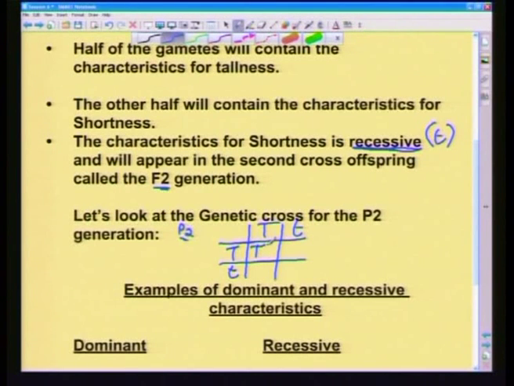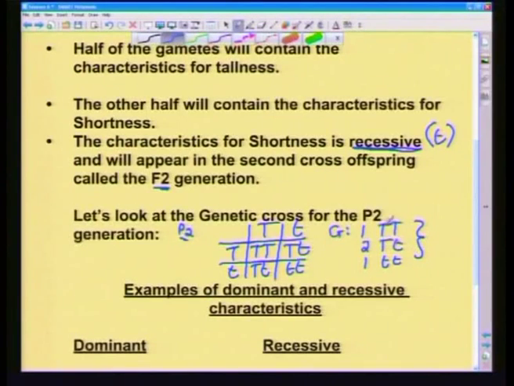And here we're going to have homozygous dominant, heterozygous, another heterozygous, and homozygous recessive. So if we look at the genotype, we are going to have 1 homozygous dominant, 2 heterozygous, and 1 homozygous recessive.